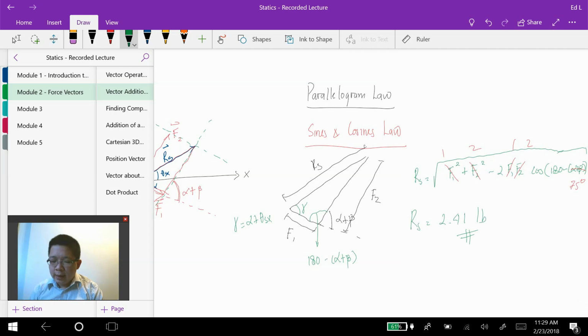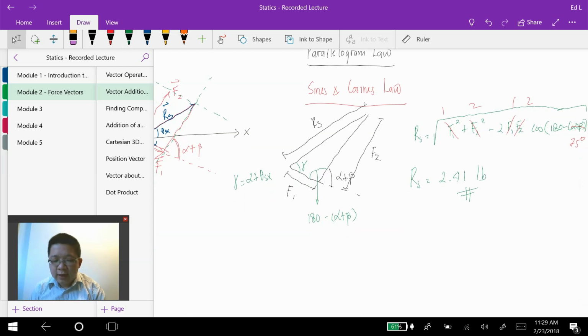Right, and then to calculate theta as x, first I have to calculate gamma using the sine law, and afterwards I can calculate theta as x because I already know gamma and alpha.